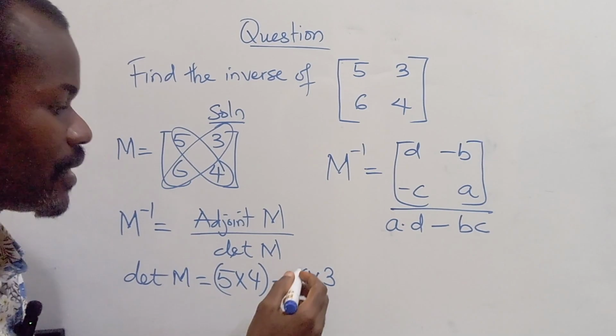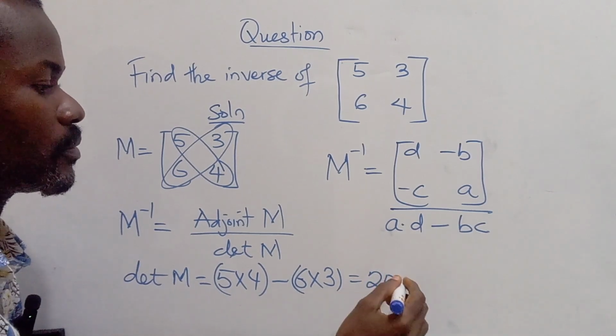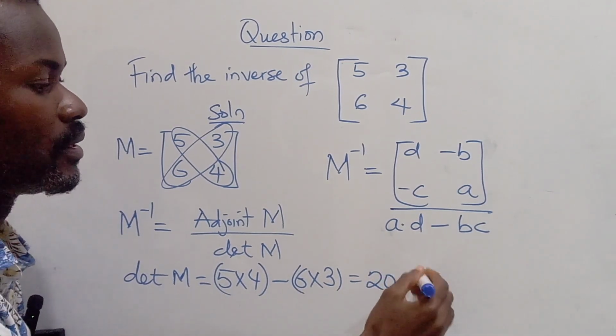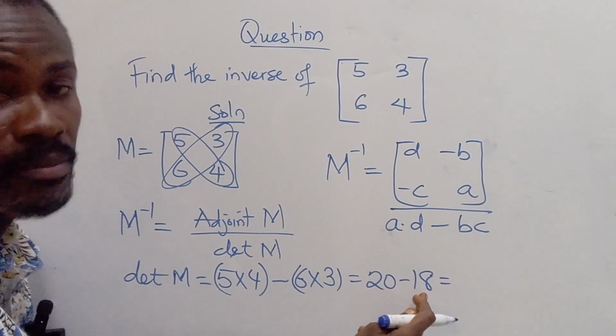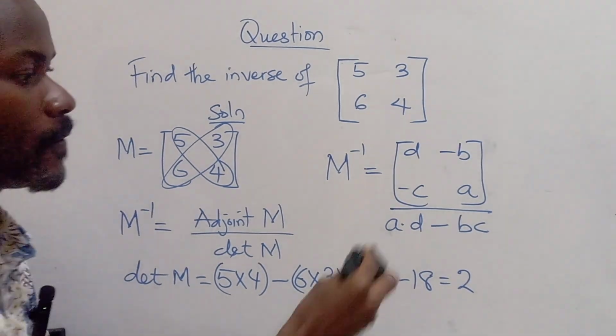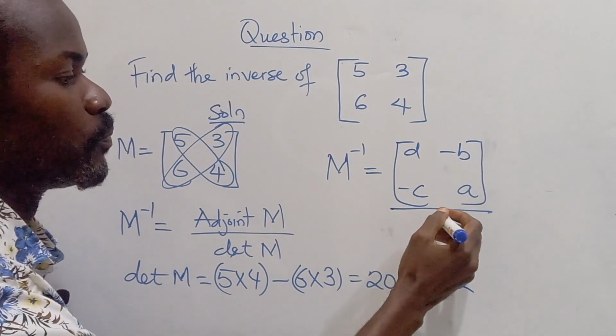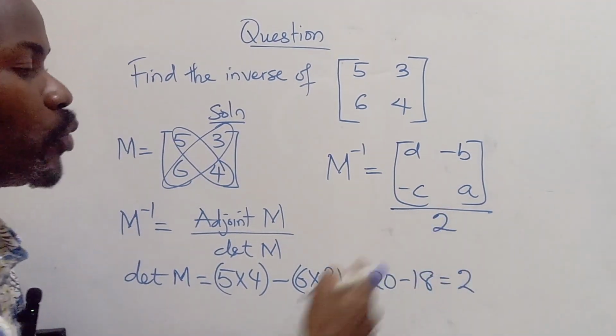Okay, so let's see what this gives us. 5 times 4 is 20, minus 6 times 3 is 18. So that will give us 20 minus 18, which is 2.